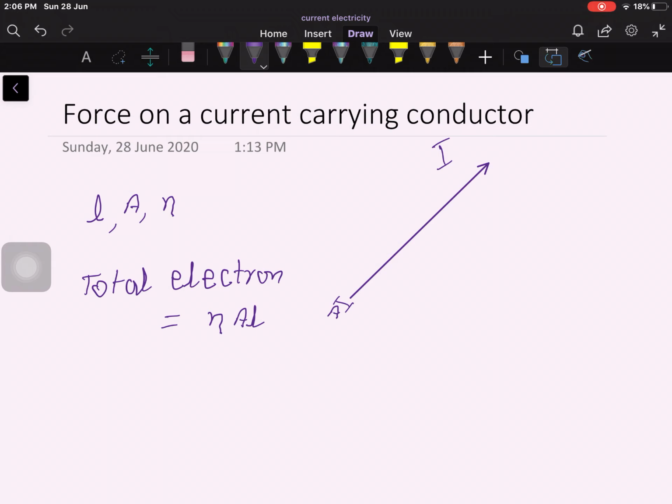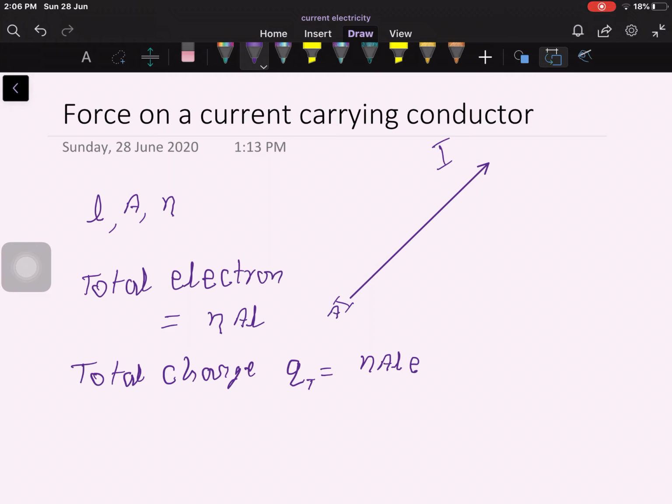If I ask what is the total charge present, I can say Q total is equal to N A L, that is the total number of electrons, into the charge on one electron, e.